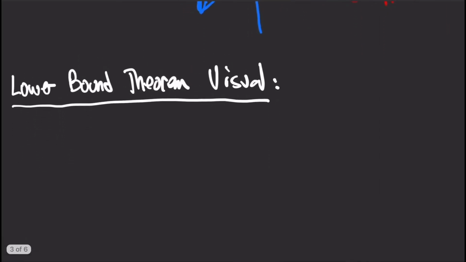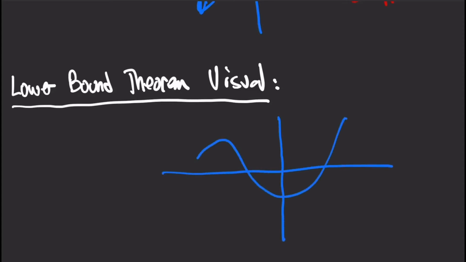All right, our lower bound visual. What we're going to have here is I'd have some function like this, and I'd be talking about some value out here. And I try to divide negative C synthetically. And what happens is I get a bunch of alternating signs in my synthetic division.